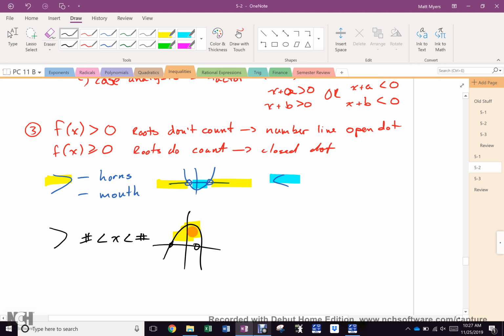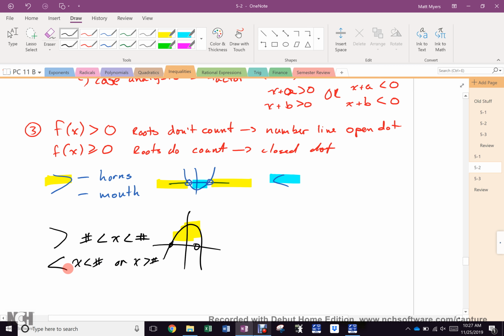For less than, what's it going to be? x is less than number or x is greater than number.